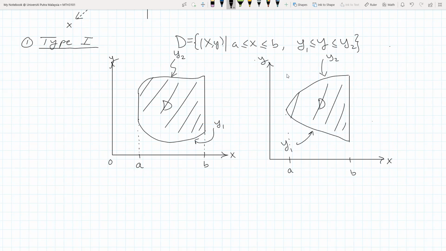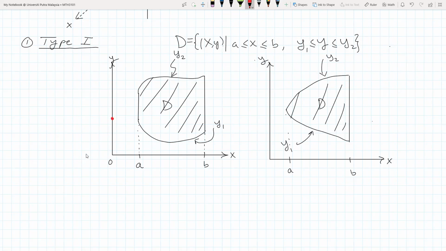How do we detect whether the boundaries make it type 1? Let's say this one. Let's choose an axis, say we start from the Y axis.